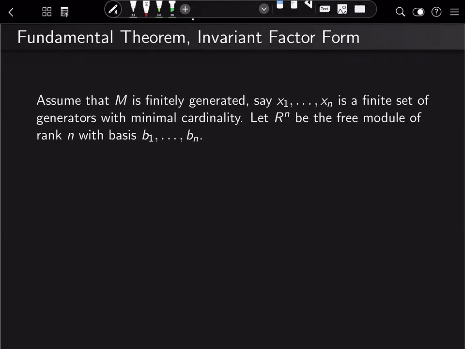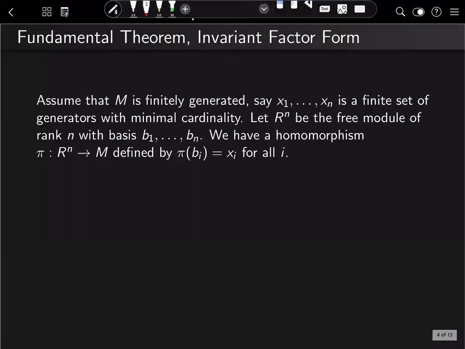And we'll let R^n be the free module of rank n with basis b1 through bn. Now, there's a natural homomorphism, pi, that maps R^n into M, defined by pi of b_i equal to x_i for all i.